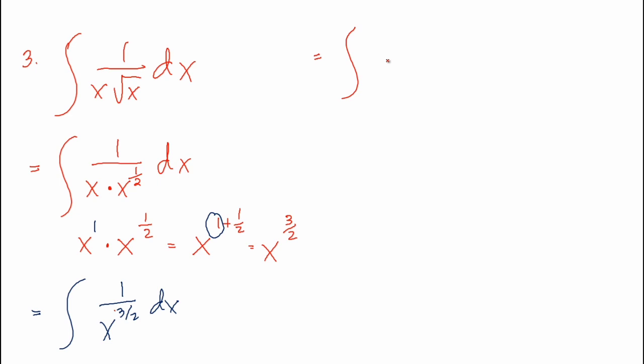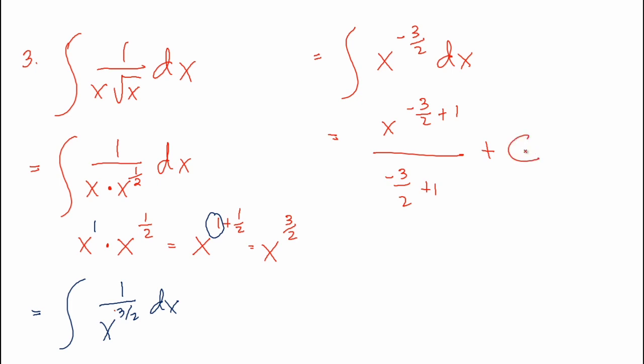So we will rewrite it again. It will become x raised to negative 3/2 dx. Now again, using the basic formula of integration, if we integrate that one, that will become x raised to negative 3/2 plus 1 over negative 3/2 plus 1 plus c, of course.